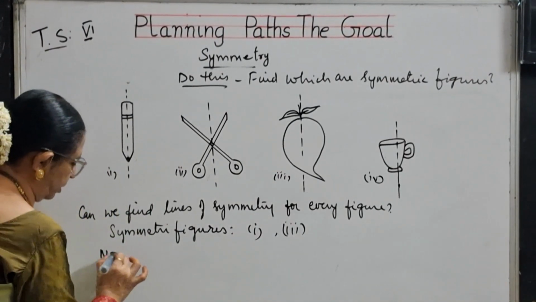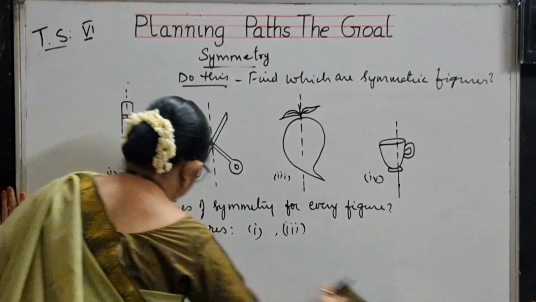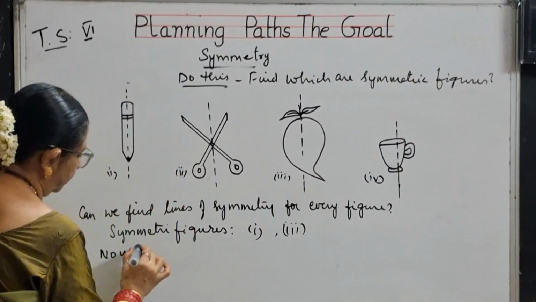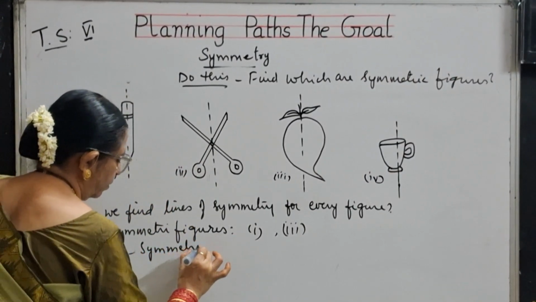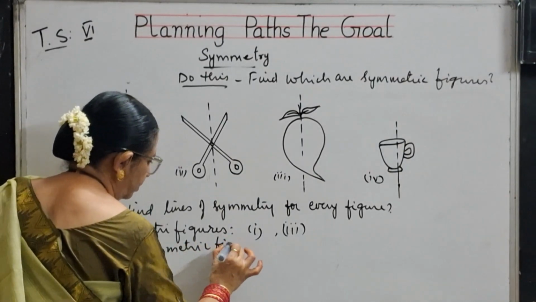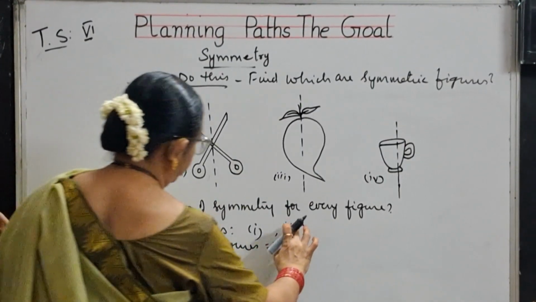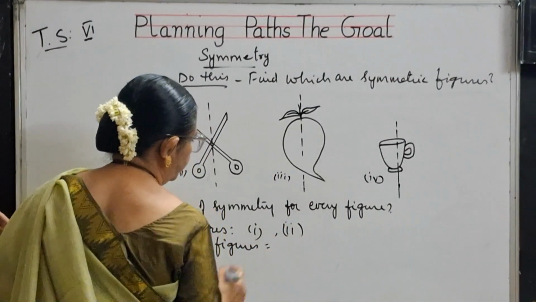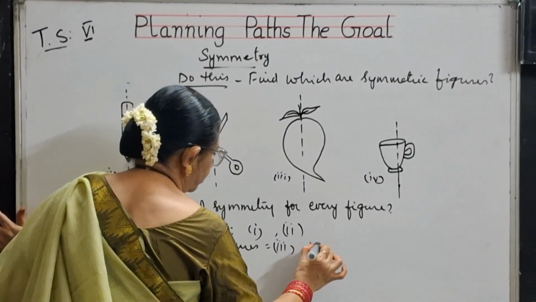Then non-symmetric figures. See, 1 and 2, sorry, 1 and 2 are symmetric figures. Non-symmetric figures are 3 and 4.